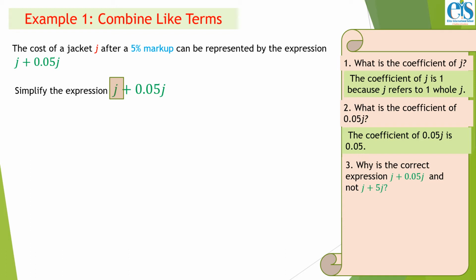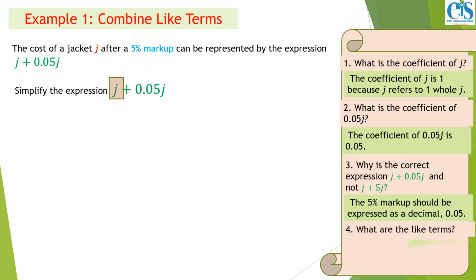Let me recap the lesson on percentages. When we refer to percentages, it means anything upon 100. So the 5% markup should be expressed as a decimal 0.05. 5 upon 100 is equal to 0.05.